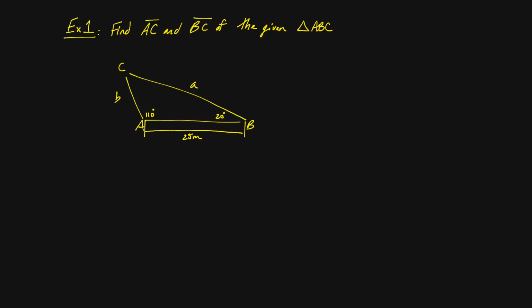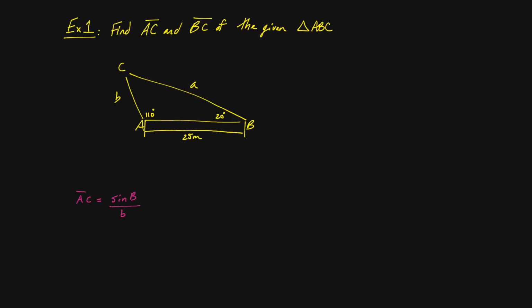To start off, if we're trying to find AC, which is side B, we can start by writing sine of B over side B.